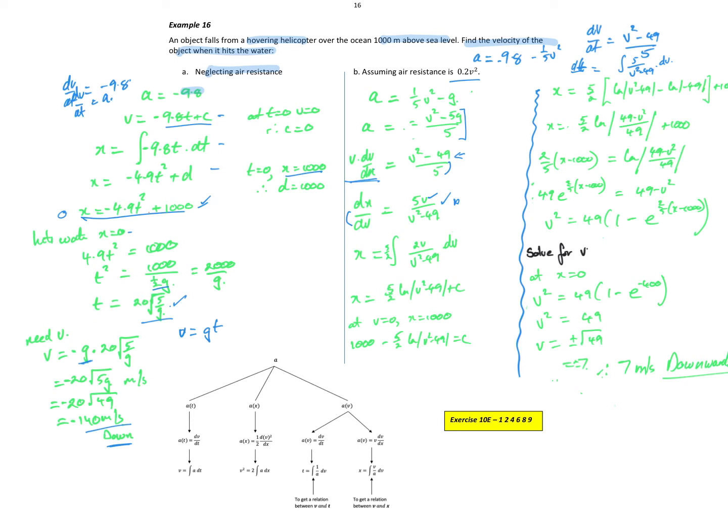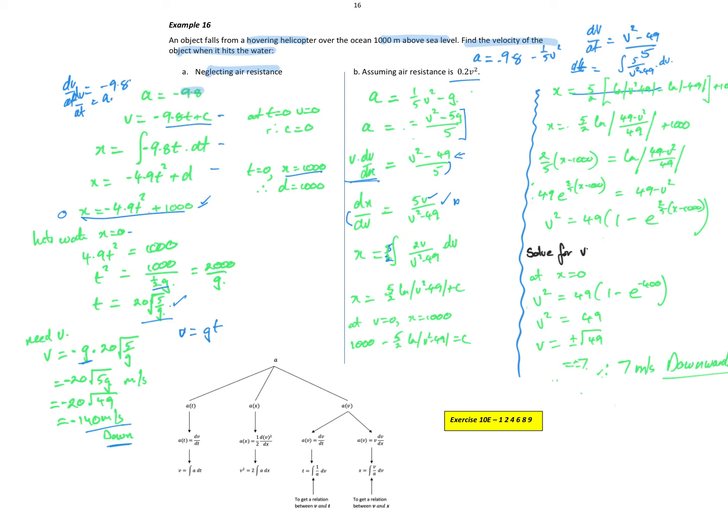So I'm going to bring a 5 out the front, and a 2 out the front because the derivative of the bottom is 2, so I end up with 5 on 2 natural log of the bottom, which is 49 minus v squared, plus some c.